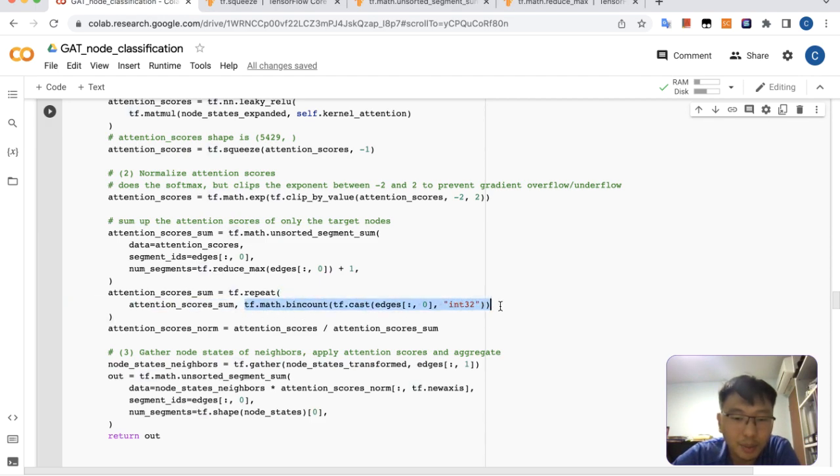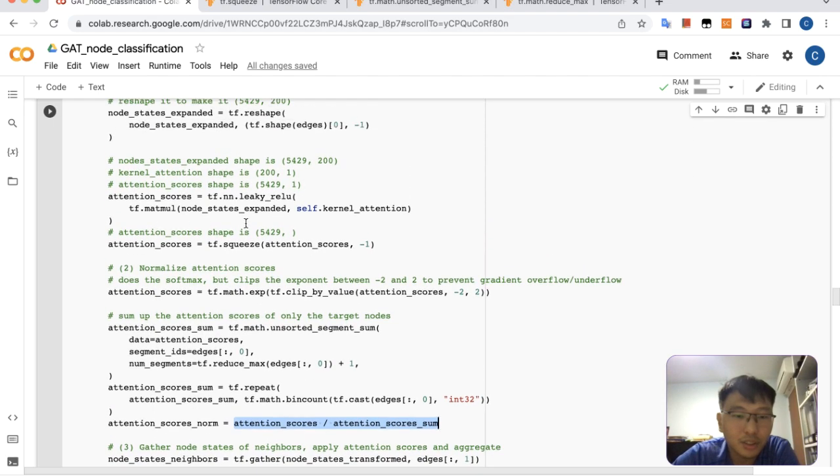Basically, it just counts the number of ages, I guess. Yeah, it repeats that number of times, and then you divide the attention scores. I mean, you could just put this as 5429, but I guess this is a fancy way of counting the number of ages in the graph.